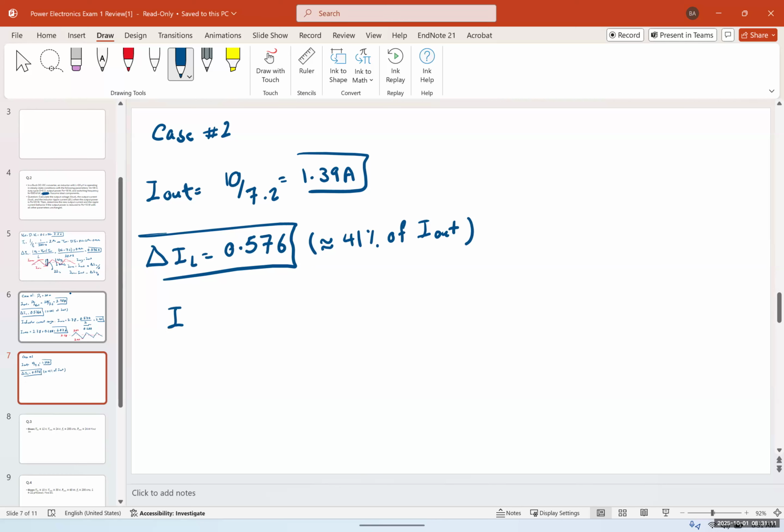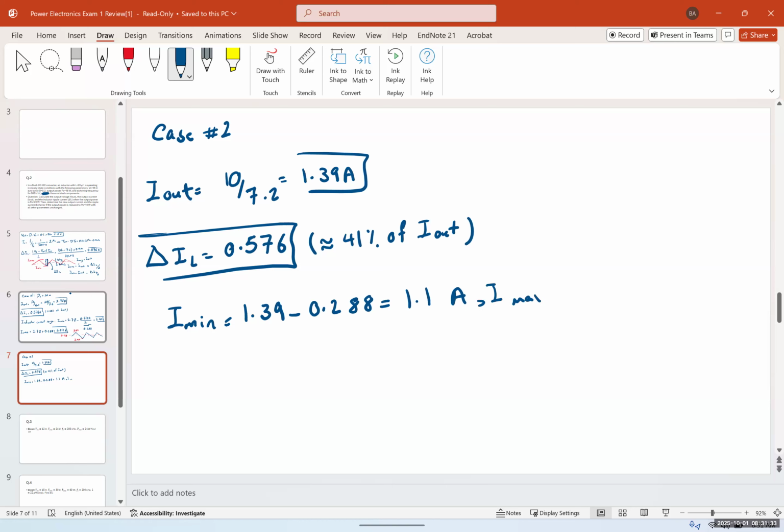Now again, if we want to find the range, I min would be equal to 1.39 minus half of the ripple current, which is 0.288, gives us 1.1 amps.